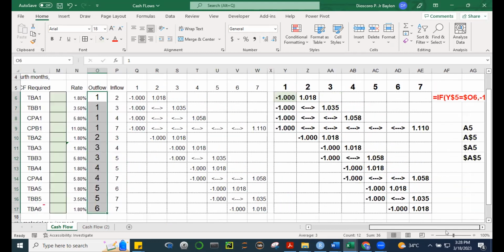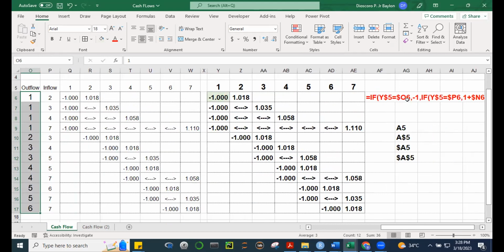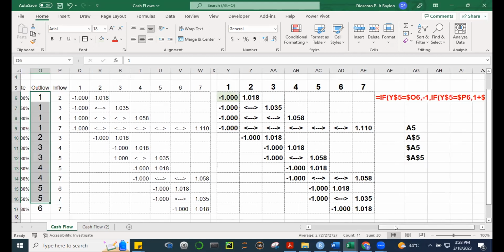That's why when I set up the formula, it's $06. I'm not letting it go out of the column because I'm testing if the investment is an outflow. And to know if it's an outflow, I have to use this information. So that's what this cell addresses mean.